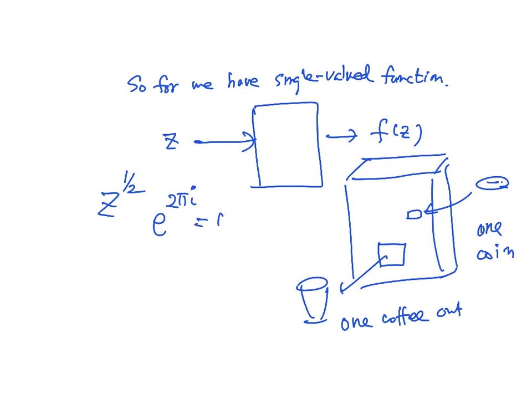It is cosine 2 pi plus i sine 2 pi, right? Which is 1. How about exponential pi i? Cosine pi plus i sine pi, right?